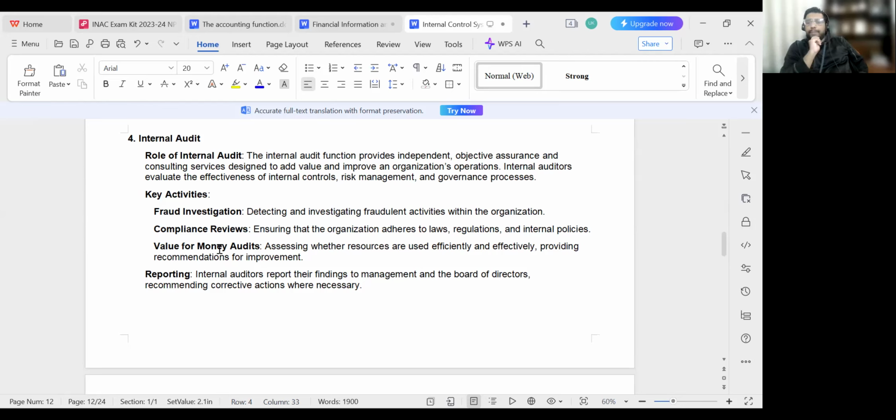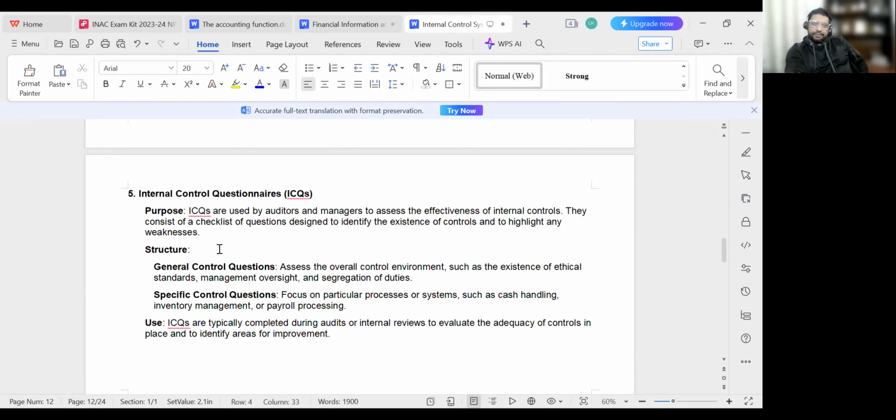They do compliance reviews to see whether the organization is complying with all the regulations. And then value for money audits: they would audit an activity and see whether the activity is bringing value relative to how much we are spending on it. Okay, so that's internal audit.